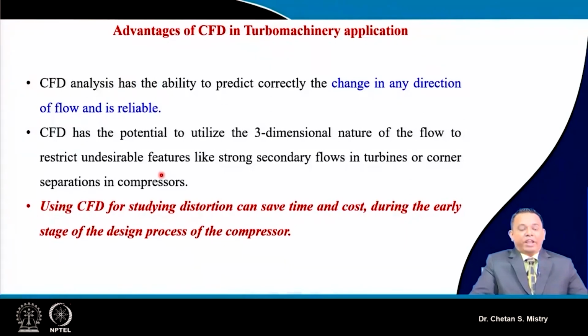There is a recent trend where CFD is being used to solve the problem of distortion. For future engines, we are looking for distortion-tolerant fans, and if we take care of this at the design stage itself, it will help us in the development activities.